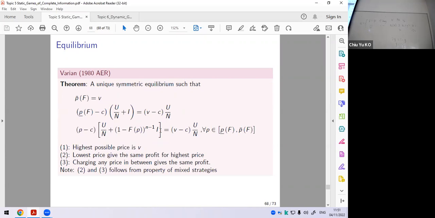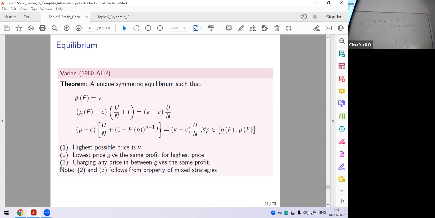At the lower price, you will always get everyone because you are the lowest already. Because it's a mixed strategy, the probability that more than one firm has the lowest price is 0. So you set the lower price and get the whole market. These two characterize the maximum price and the minimum price, and you can easily see that this is not C. So basically you escape the Bertrand paradox.